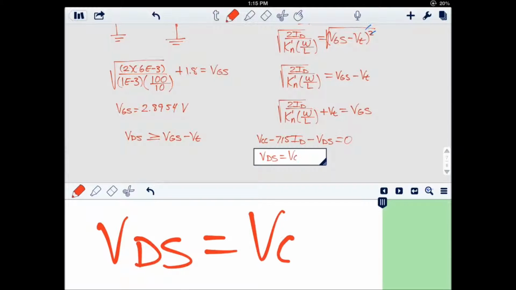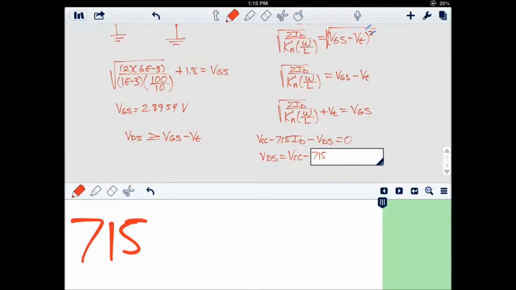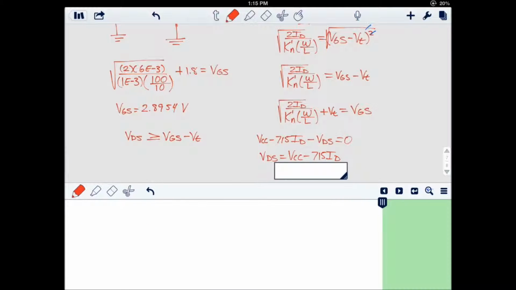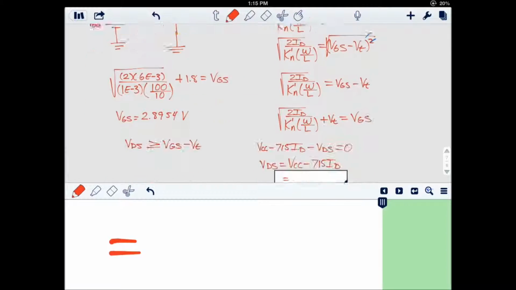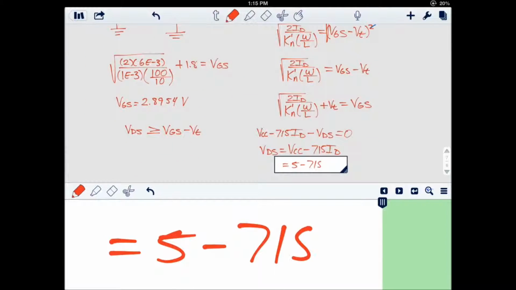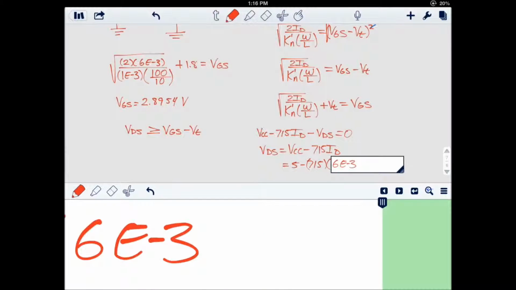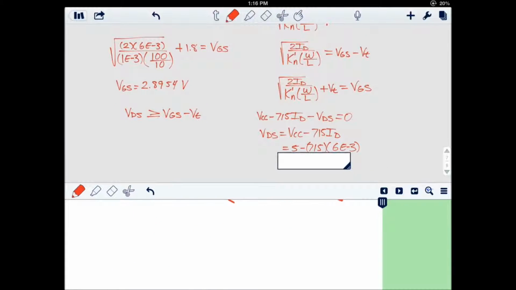VDS is going to be equal to VCC minus the resistor times the current. This is equal to 5 minus, we have 0.71 volts.